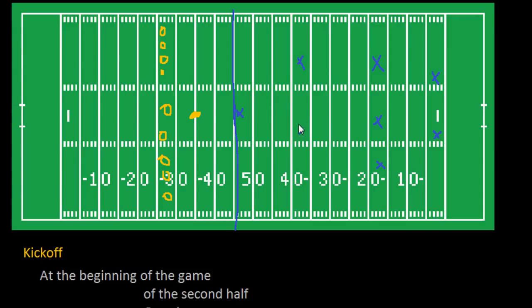So we have all our players here. The kicker will run up, kick the ball, and it will be caught then by the receiving team, who will run as far as he can.